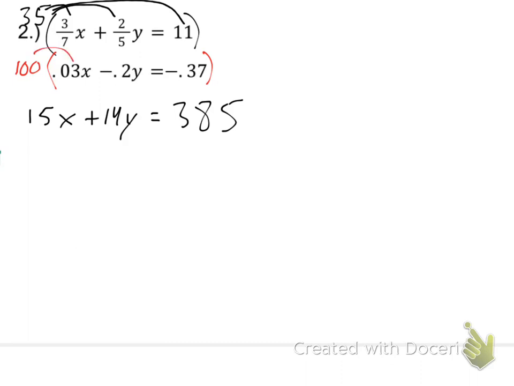And if I multiply 0.03 by 100, I end up with 3x. Minus, because that's 2 decimal places, which is 20y. 2 decimal places places it at negative 37.